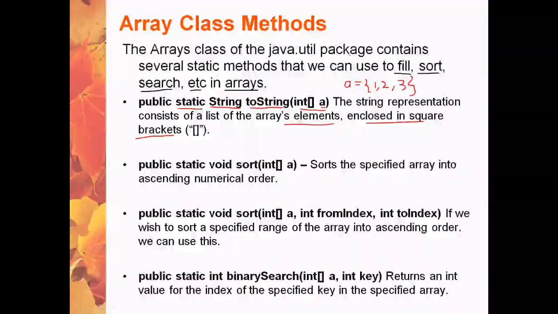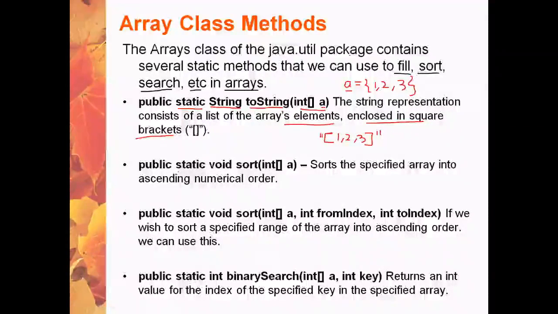When you pass this A to the toString method, what it returns, in double quotes, that is in string format, is simply all the elements of the array in square brackets, that is [1, 2, 3]. So this will simply return the string representation of an array, that is the method toString.